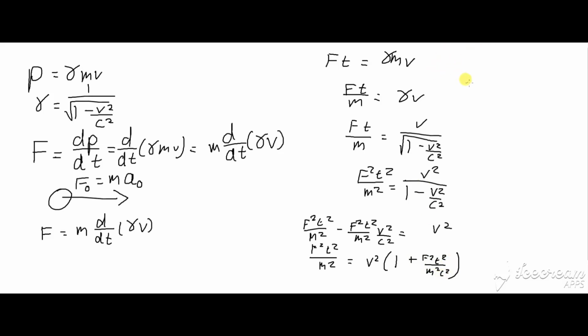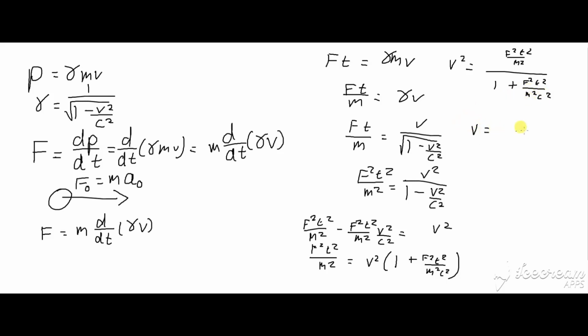So what we do now is divide both sides by 1 plus F squared t squared on m squared c squared. And then you end up with v squared equals F squared t squared on m squared, all divided by 1 plus F squared t squared on m squared c squared.